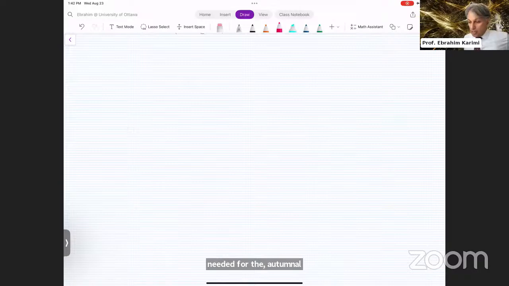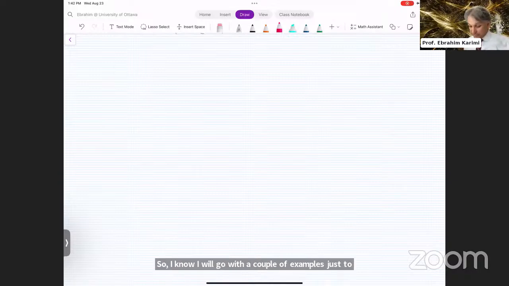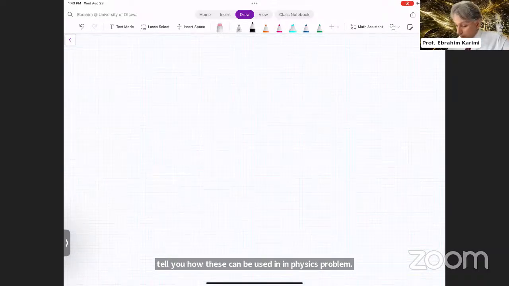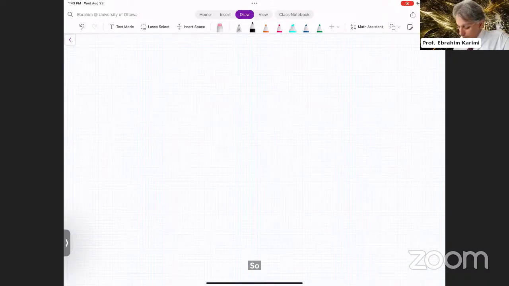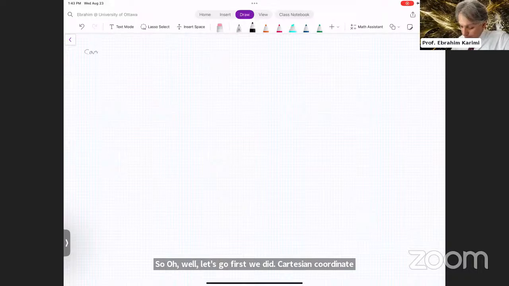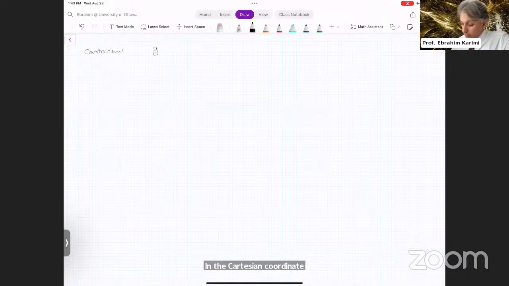Now I will go through a couple of examples to show how these can be used in physics problems. Let's go first with the Cartesian coordinate, which is easy. In the Cartesian coordinate, what is going on with Gij?